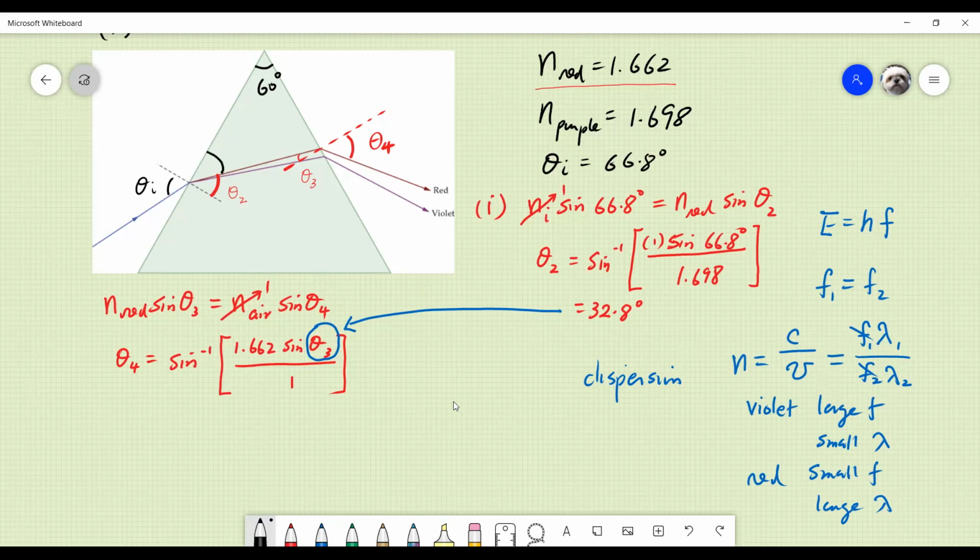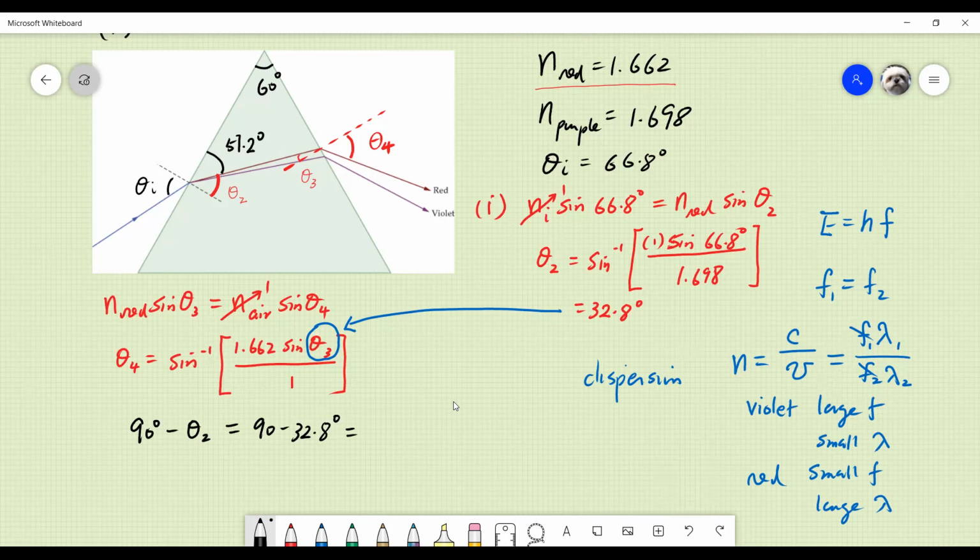This angle will be equal to 90 degrees minus theta 2, because here is the normal line. So that angle will be equal to 90 minus 32.8 degrees, which is 57.2 degrees.